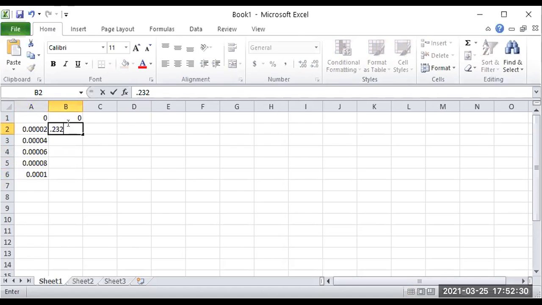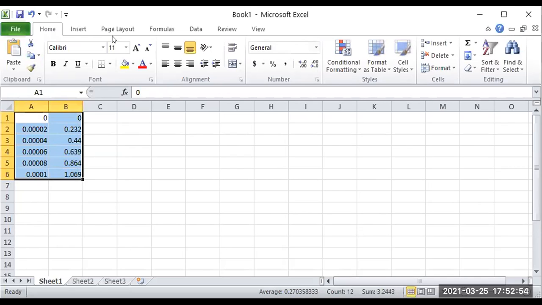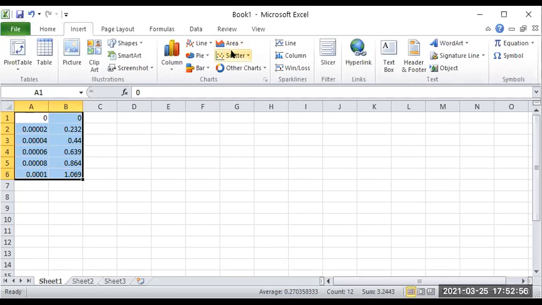So 0.232. If your numbers are a little lower or a little higher, that's fine, because everybody's machine is a little bit different. So choose your scatter graph.